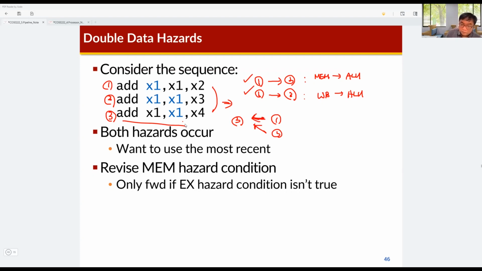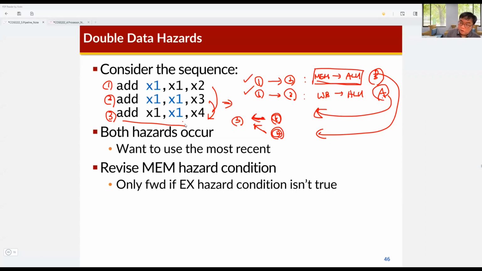What is the correct forwarding path? A or B? B, right. We need to activate only this forwarding path, that means the memory to ALU. Why?